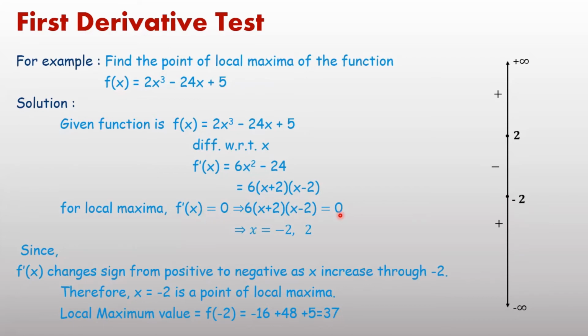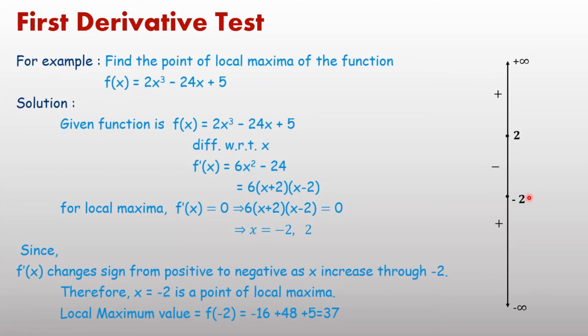And f'(x) equal to 0 at minus 2 and plus 2. It implies f'(x) changes sign from positive to negative as it passes through x equal to minus 2, so x equal to minus 2 is a point of local maxima.